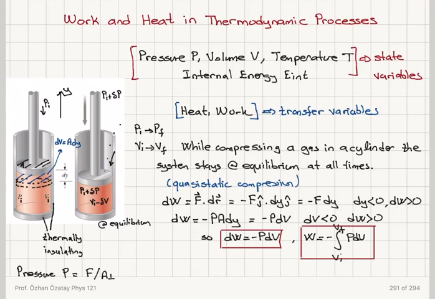So I find that the total work done, since V final is going to be less than V initial, delta V is negative, work done on the system is positive. There is work done on the system.